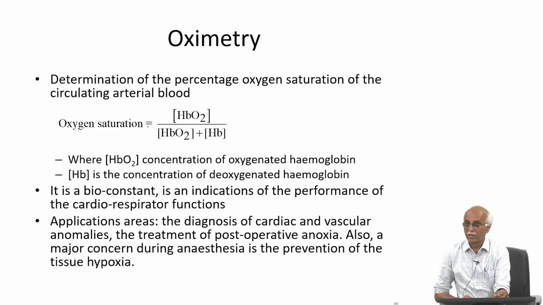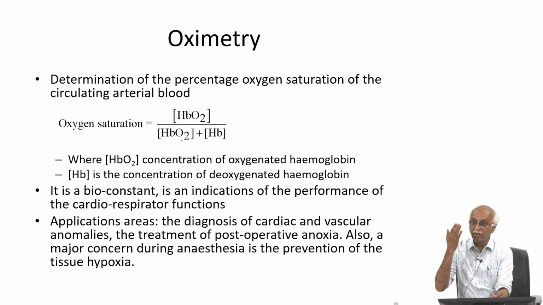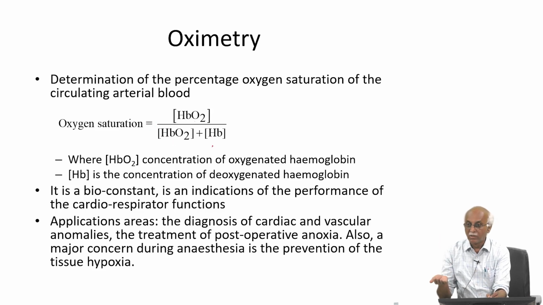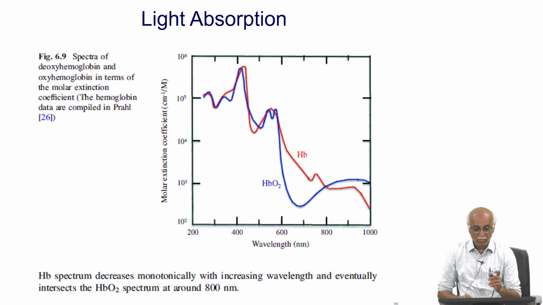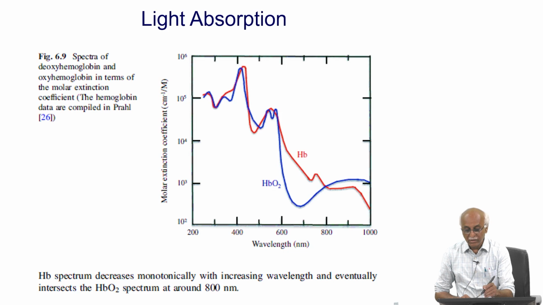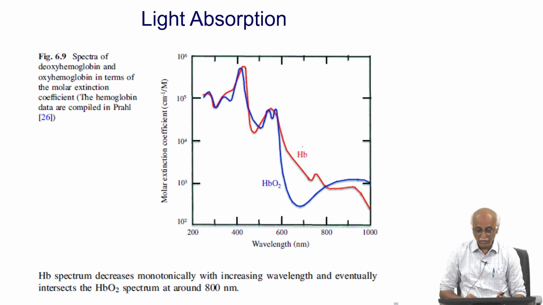Total hemoglobin is reduced hemoglobin plus oxyhemoglobin. Now, if you see the absorption spectra of hemoglobin and oxyhemoglobin, it is something like this.